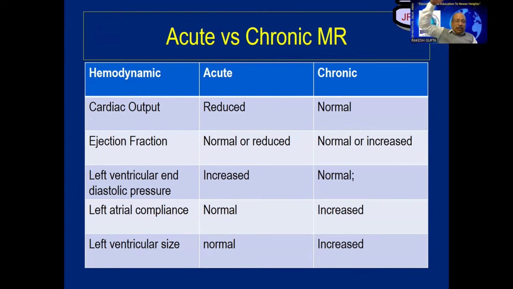Normal LA, normal LV, almost normal LV systolic function, but left ventricular end-diastolic pressures have gone up. If you put a pulse wave Doppler spectrum pattern on the mitral valve, you find type 3 diastolic dysfunction. On the other hand, in chronic MR, your LA and LV become bigger in size. The LV starts dilating, becoming accustomed to that severity of MR. And that's how we look at acute versus chronic mitral regurgitation.